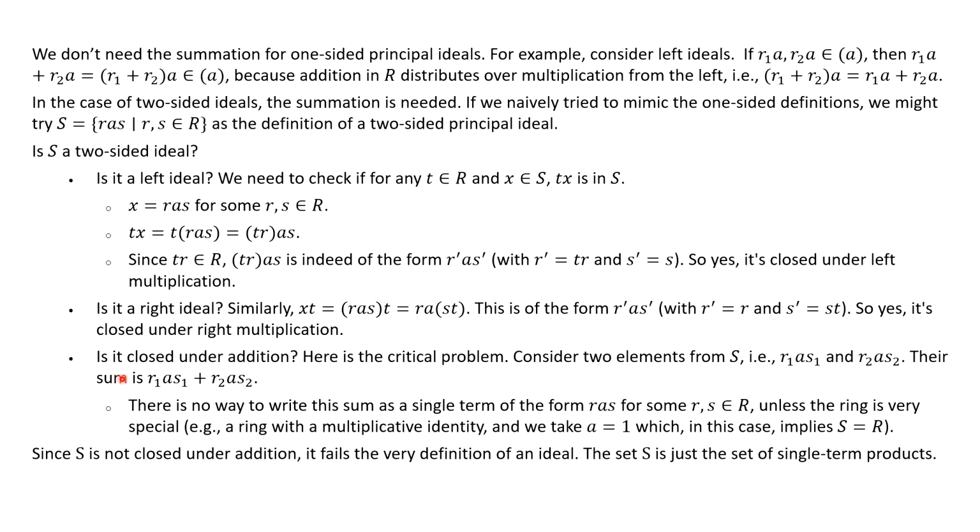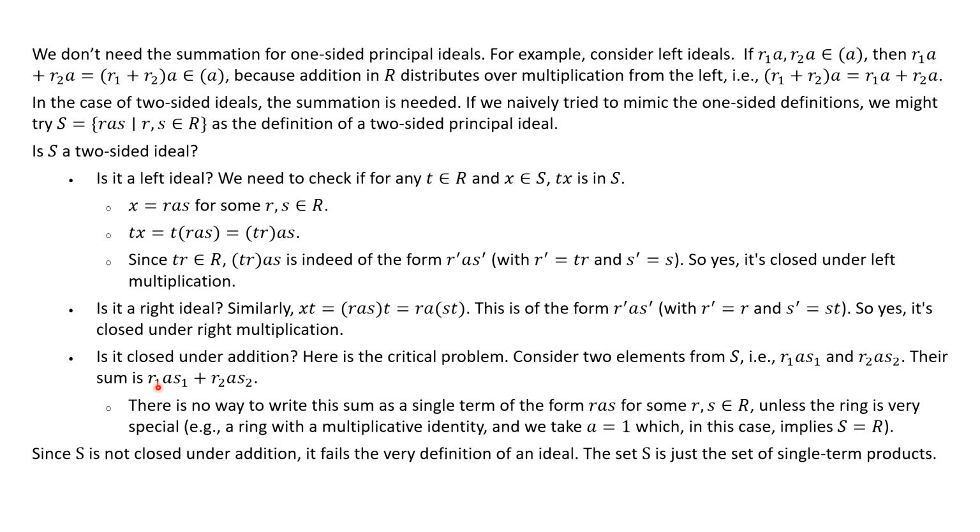The problem is closure under addition when we look at it in terms of being a two-sided ideal. If we take this and this from our proposed ideal, there's no way that we can write their sum in the form RAS.